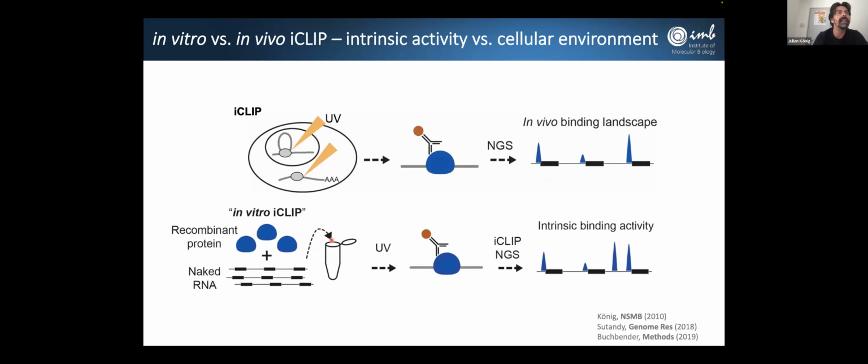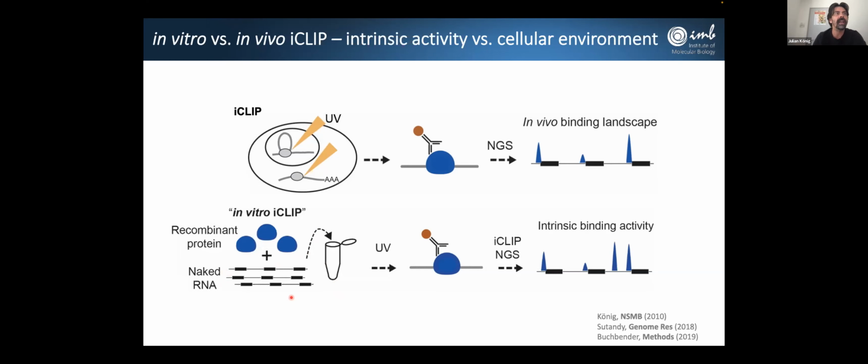And what we do here is that instead of analyzing living cells, we are using recombinant proteins and naked RNA that resemble endogenous pre-mRNAs in this project.